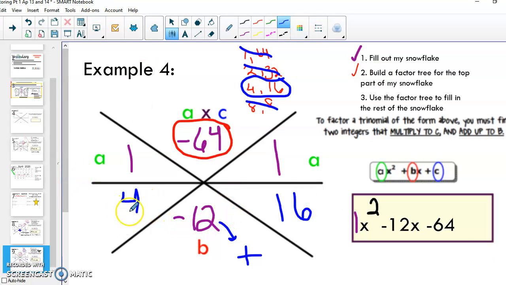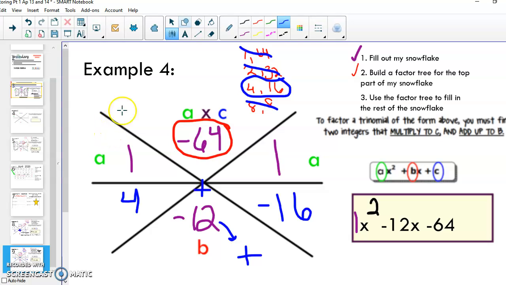So if I make the 4 negative, I would do negative 4 plus 16, which is going to give me a positive 12. So that's not what I want. So I'm going to go ahead and erase that one. But if I make this a negative, 4 plus, because remember there's an addition sign here, 4 plus a negative 16 is going to give me a negative 12. So I have found where that negative sign should go.